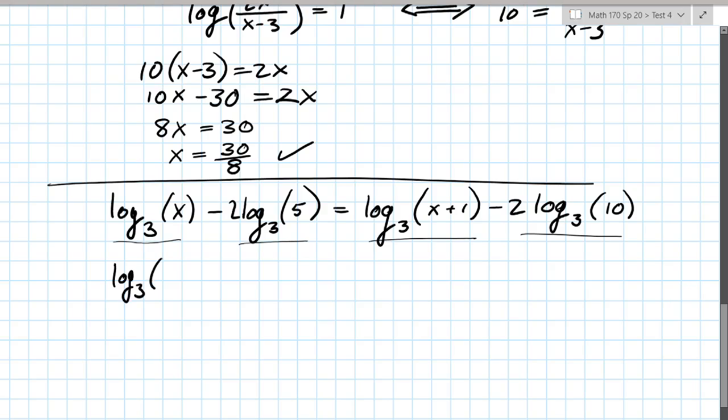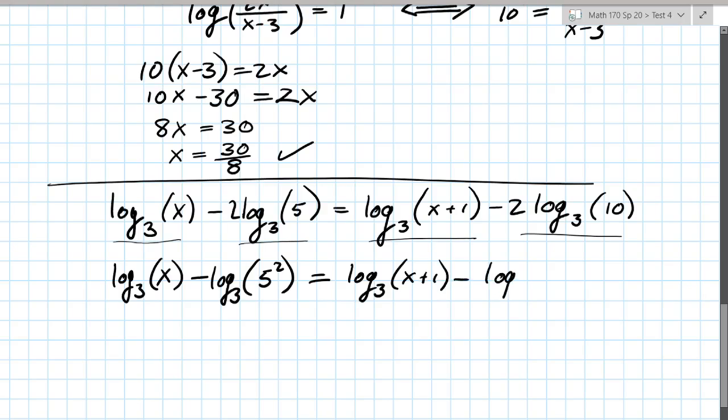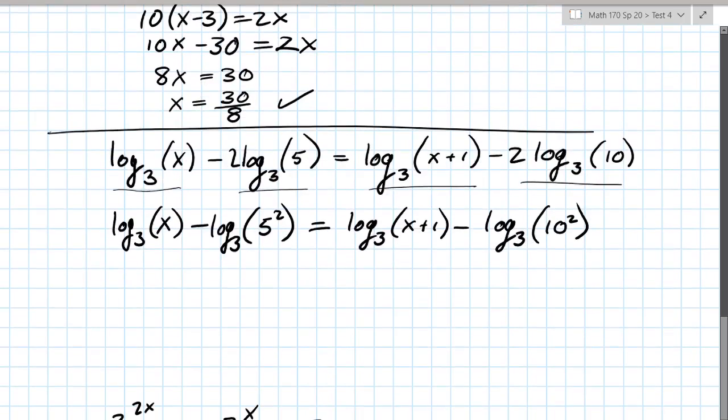So we have log base 3 of x minus log base 3 of 5 squared is equal to log base 3 of x plus 1 minus log base 3 of 10 squared. Now we can collapse these two together on the left-hand side.